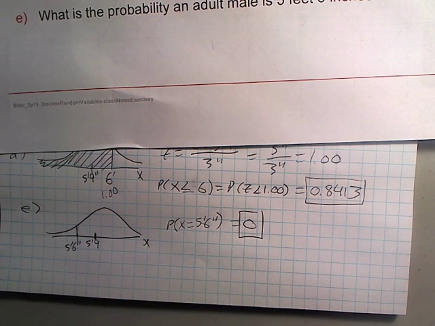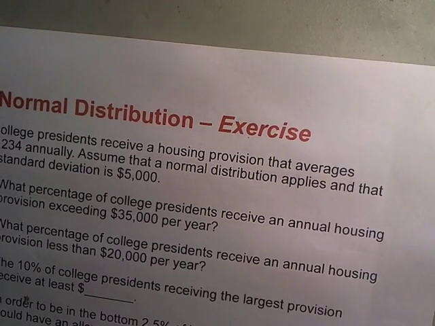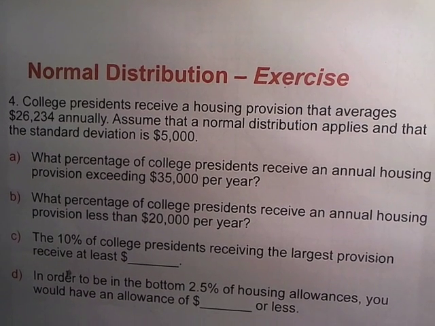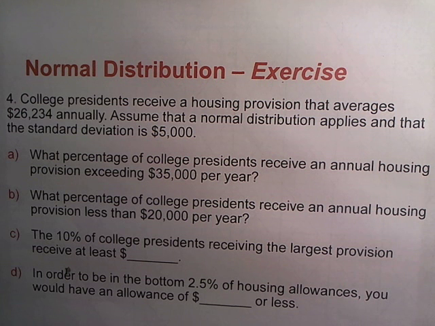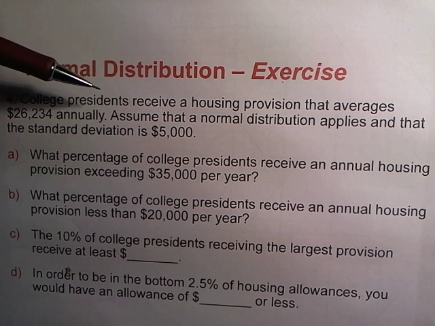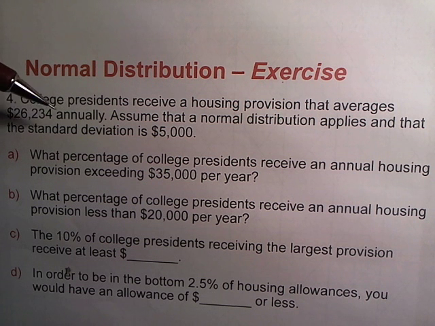All right, good job on that one. Let's look at one more sample question. Here we have exercise number 4 from the exercises pack. College presidents receive a housing provision that averages $26,234 annually.